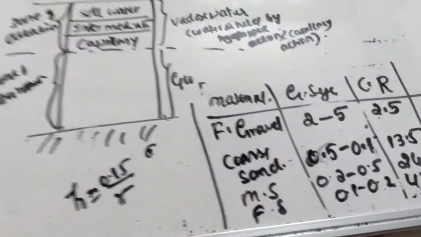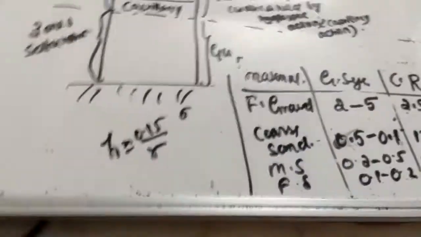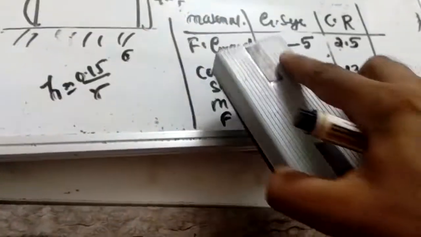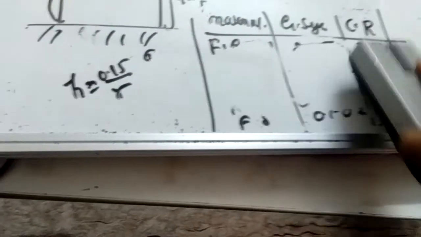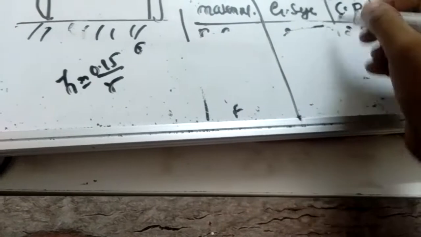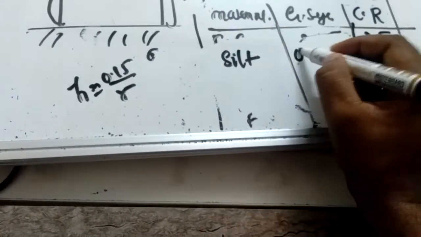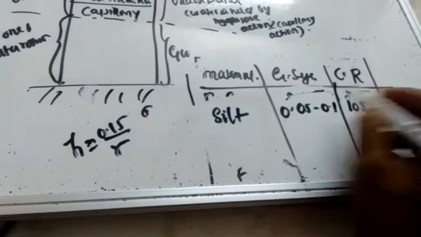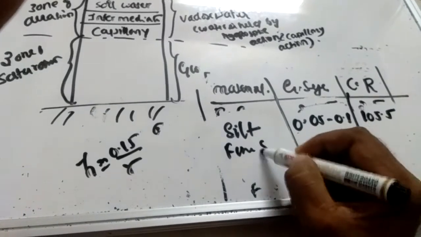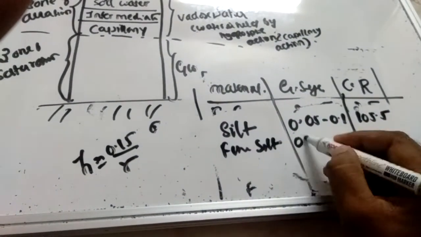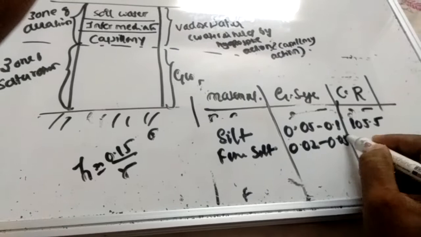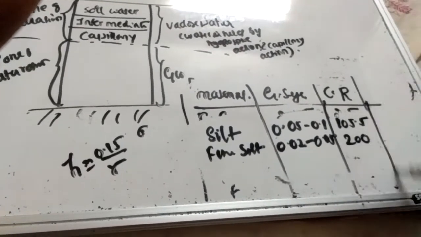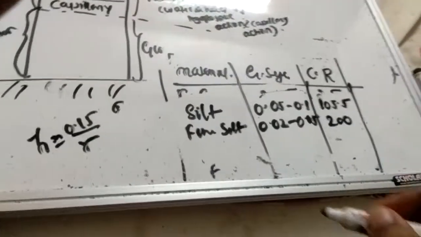So next, silt. Silt is 0.05 to 0.1, capillary rise 105.5, and fine silt is 0.02 to 0.05, capillary rise increases to 200.